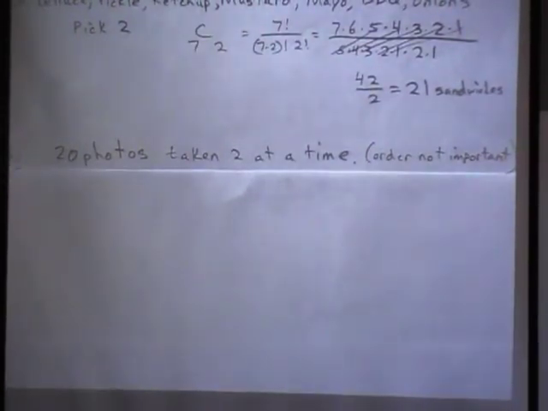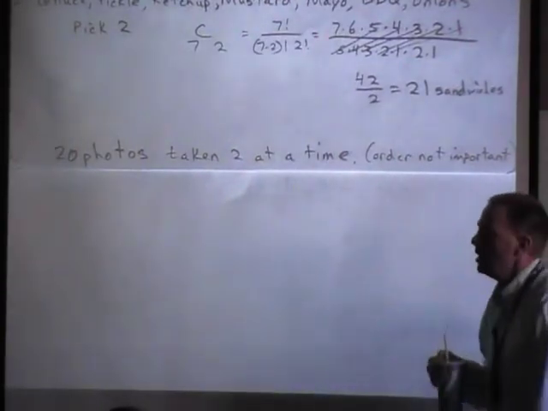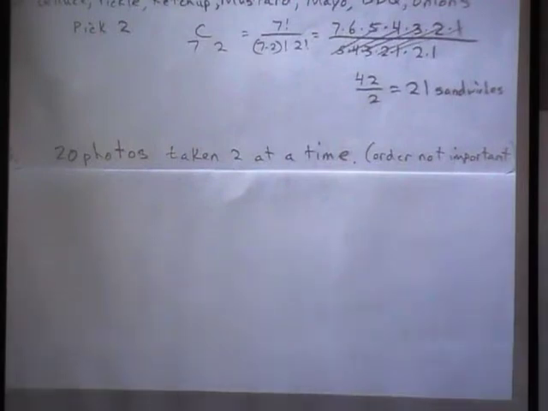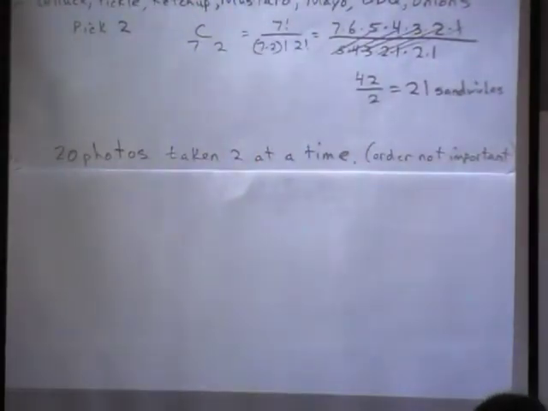All right, so here's an example, kind of like what's in your book, I think. This is kind of typical. You have 20 photos that are taken. Let's say it's on your Facebook, and you want to pick 2 out of those 20 for something special. Order's not important.